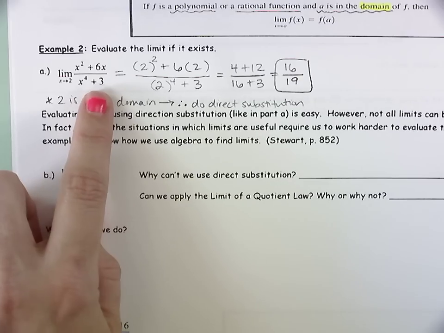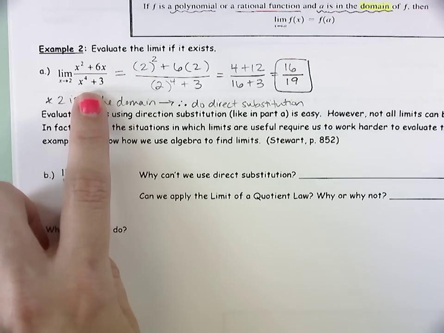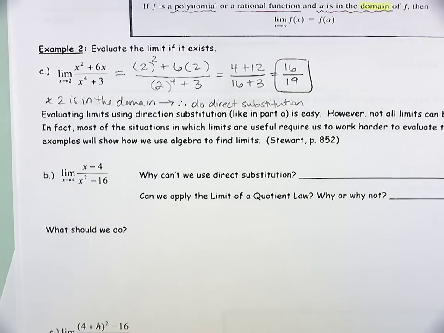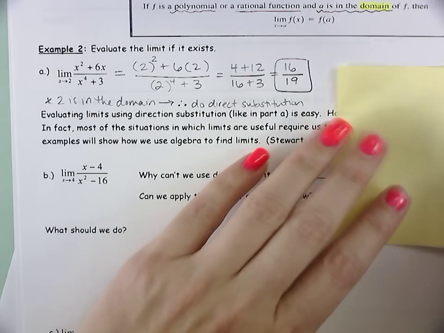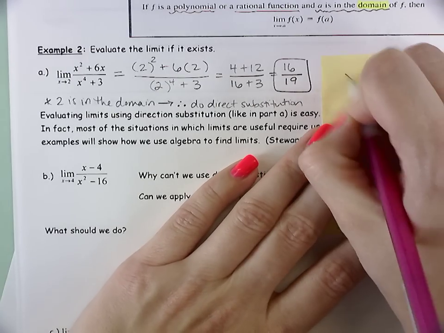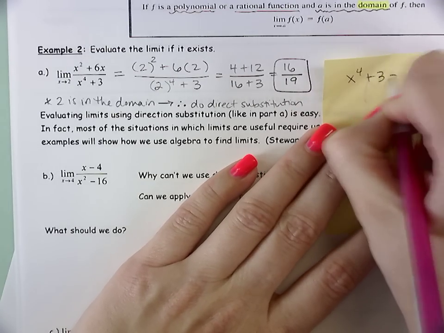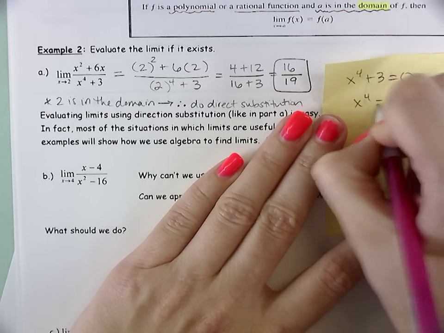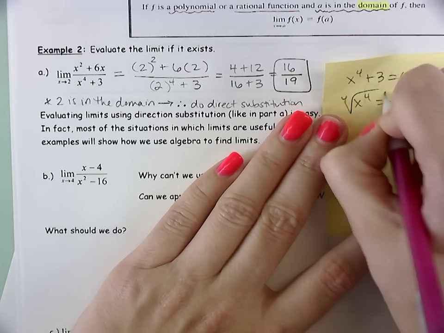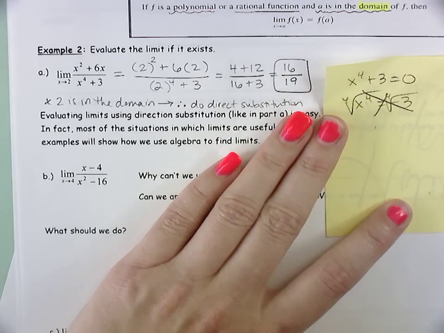So if I set the denominator equal to 0 and solve, what do I get? X equals plus or minus the fourth root of 3. Okay, so if I set that equal to 0, I'd get negative 3, right? And then the fourth root of negative 3, can I do that? No, which means the domain is all real numbers.